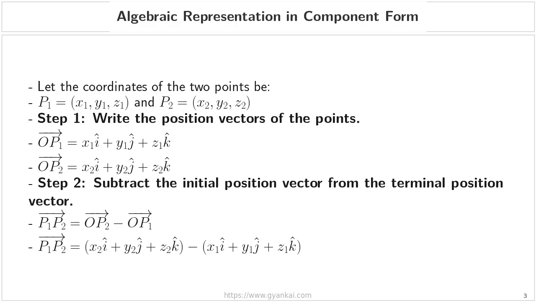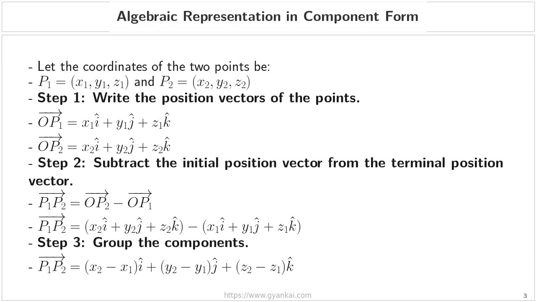Step 2, this is the most important part. We subtract the initial position vector from the terminal position vector. Using our notation, the vector P1P2 equals OP2 minus OP1. In terms of our components, this means we take the vector x2i plus y2j plus z2k, and subtract the entire vector x1i plus y1j plus z1k.